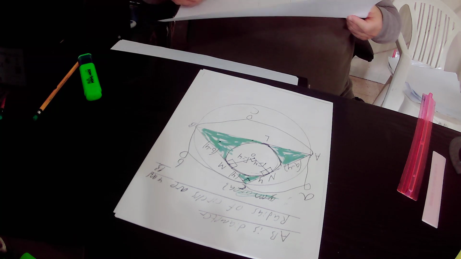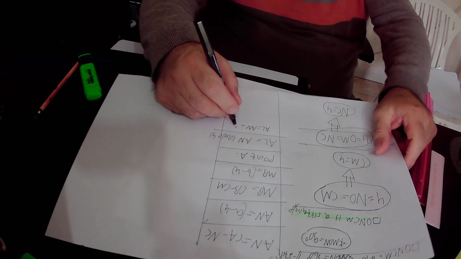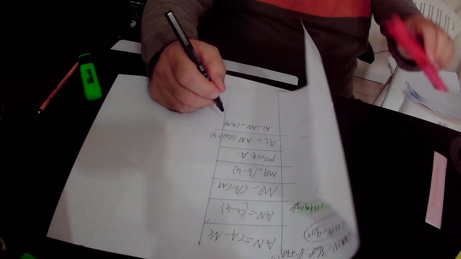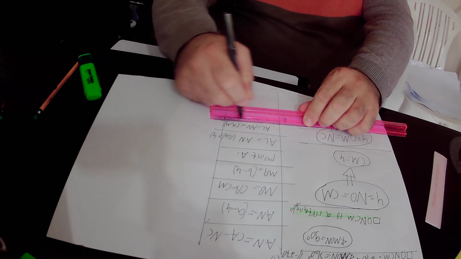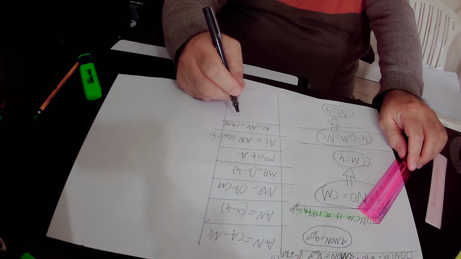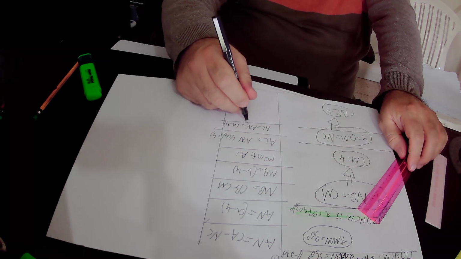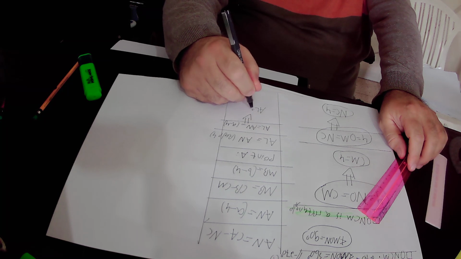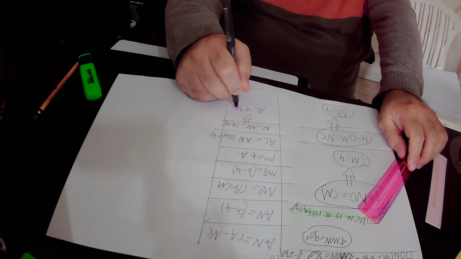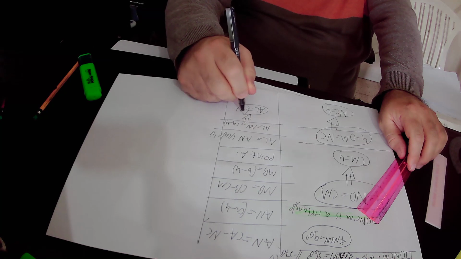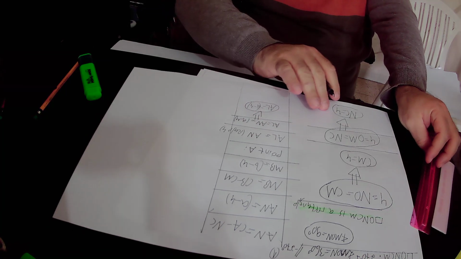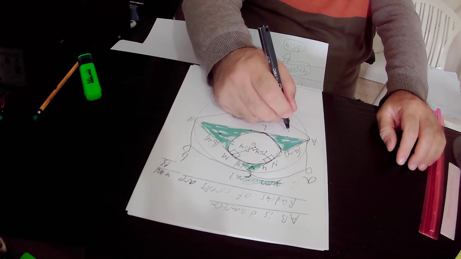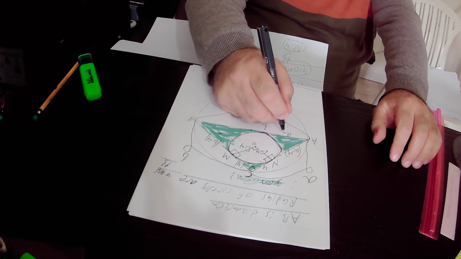So we can write here that AN equals A minus 4. And from this equation, AL equals AN equals A minus 4, we will derive that AL is also equal to A minus 4.